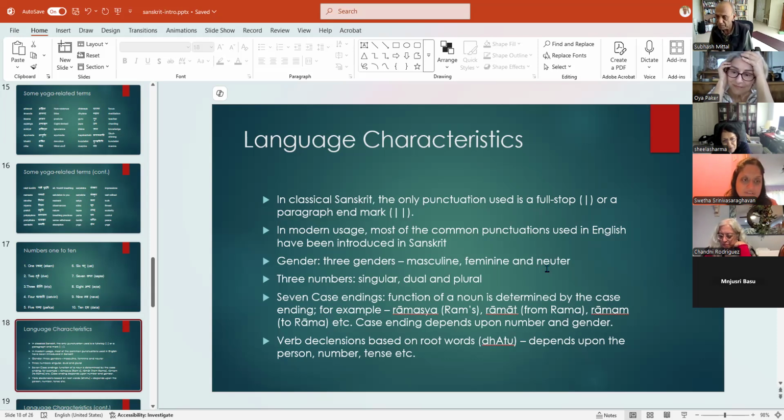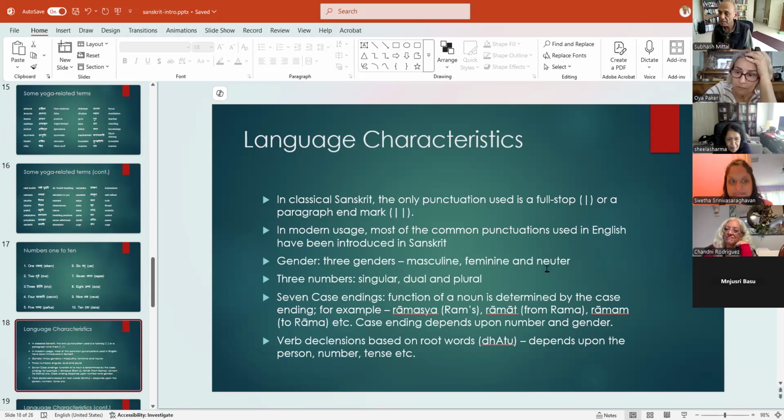A quick example, a tree, for example. The word for tree is, anybody remember the word? Vriksha, right? Now, vriksha is inanimate, so would it be neutral gender? No, it's masculine gender. And then vriksha has fruits. The word for fruit is phalam. Phalam is neutral gender. So it grows on a vriksha, which is masculine gender.